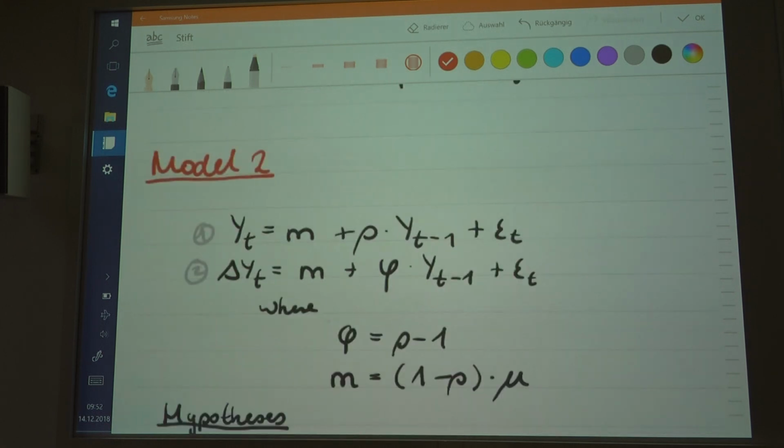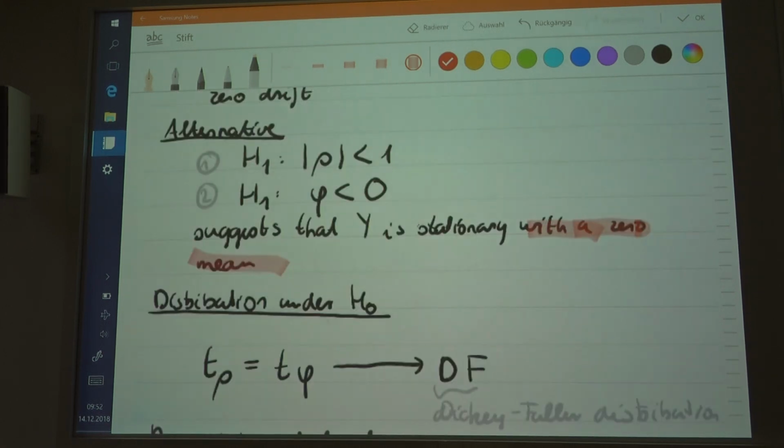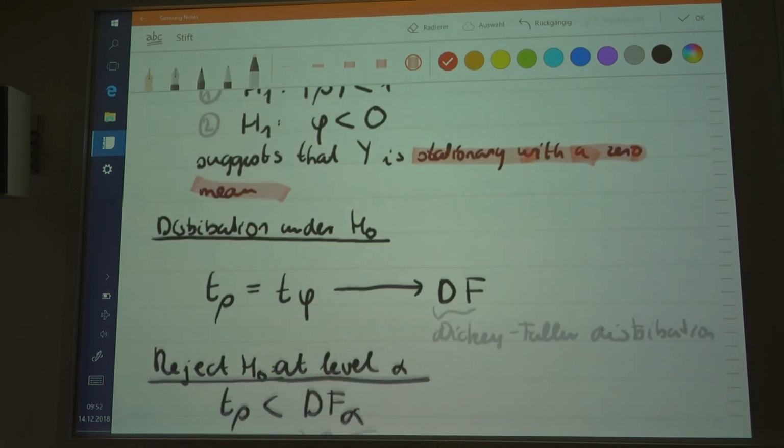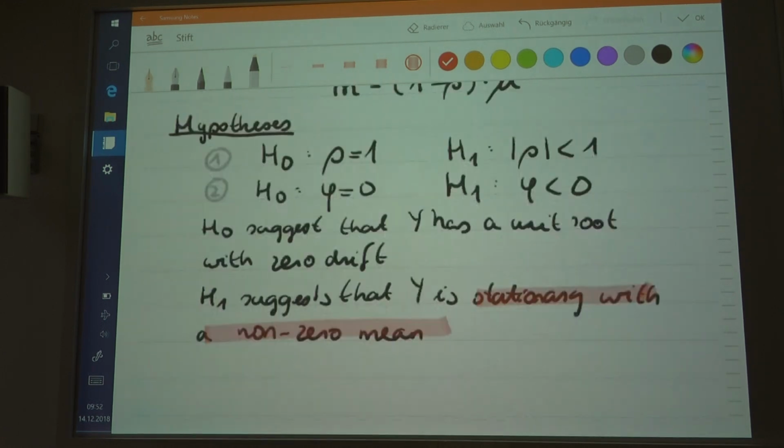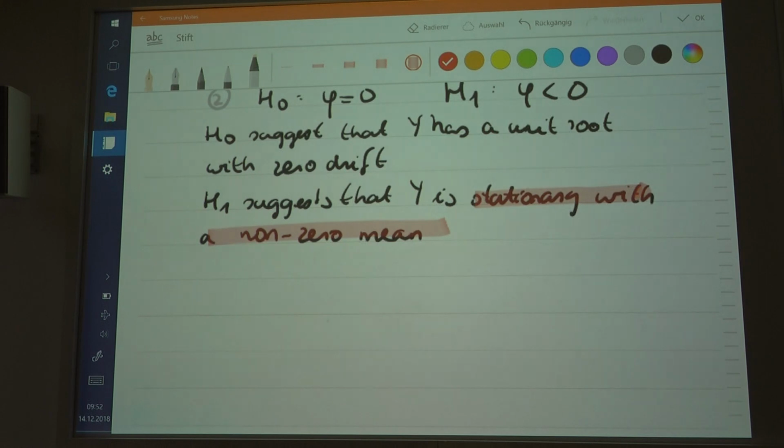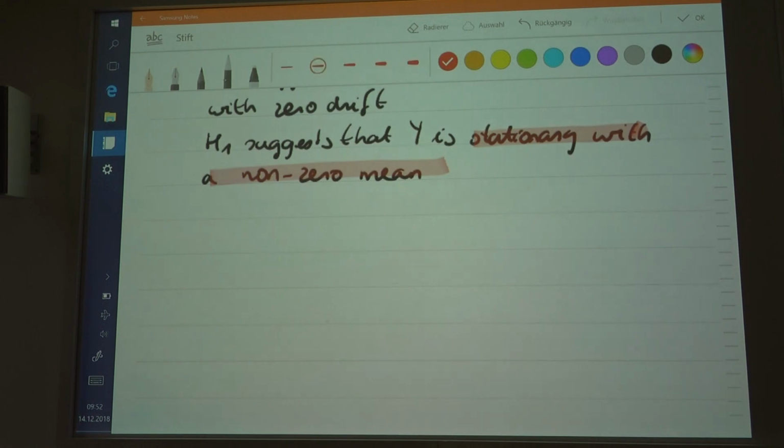So in the first case, it was stationary with a 0 mean, and in the second case, model 2, it's stationary with a non-zero mean. Now, the principle is similar to the previous section.